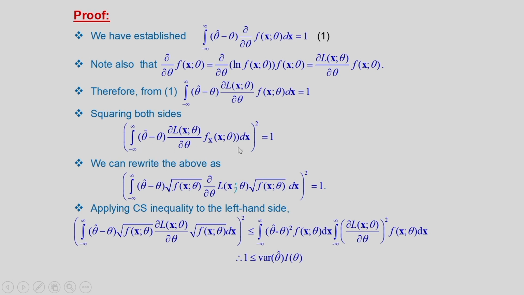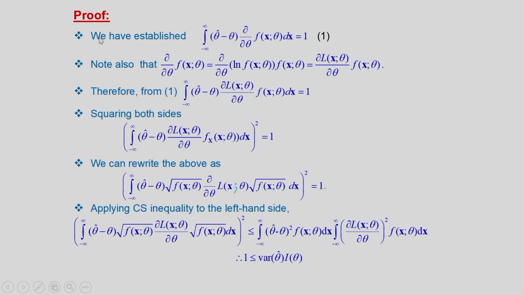So, this expression is rewritten as the integration from minus infinity to infinity of (theta hat minus theta) into root over f(x, theta) into del theta of l(x, theta) into root over f(x, theta) dx, whole square, is equal to 1.